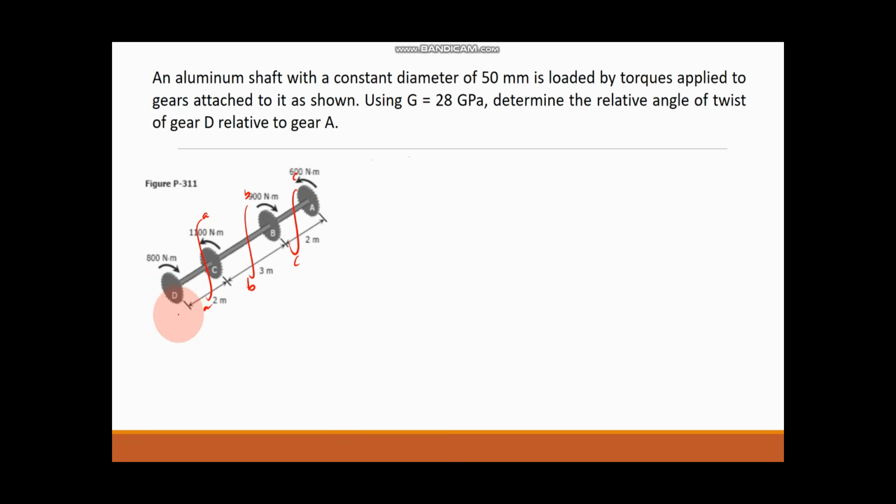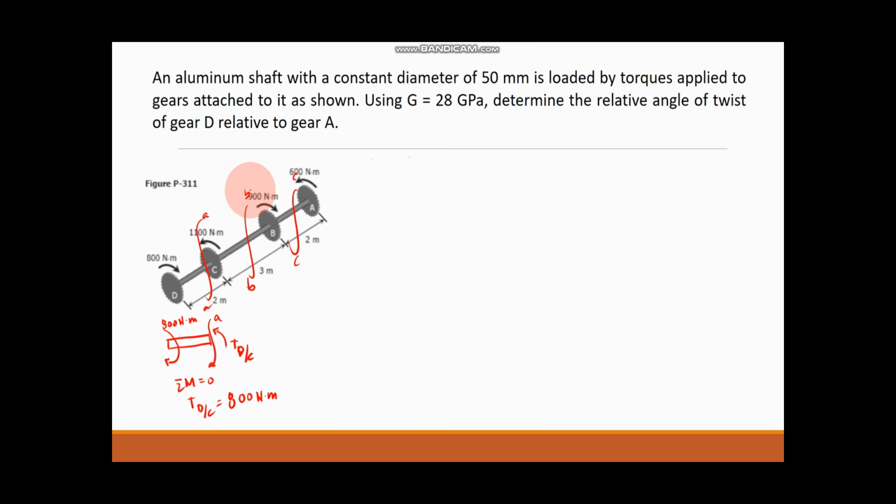For the first imaginary line, there is a torque acting between C and D. So we name it as the torque between D and C. So summation of moment is equal to 0. It is equal to 800 Newton meter.